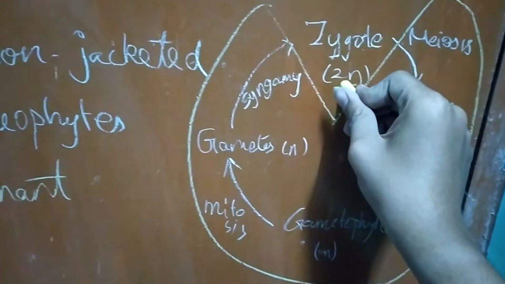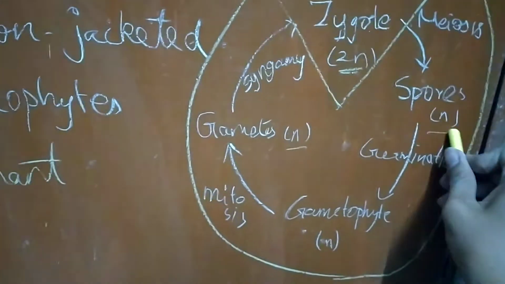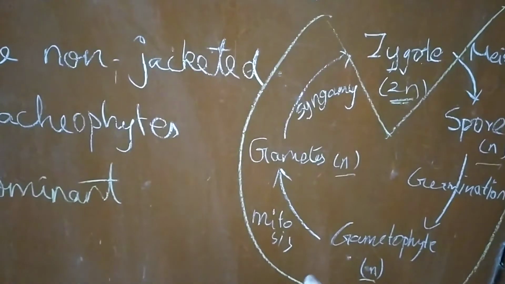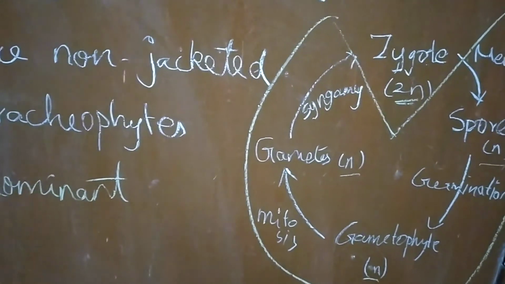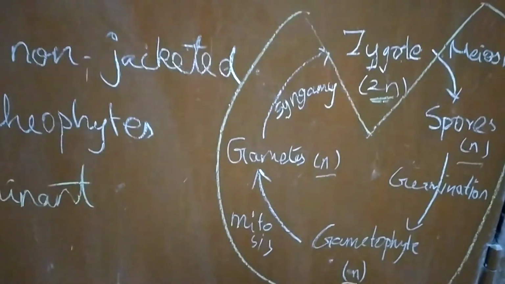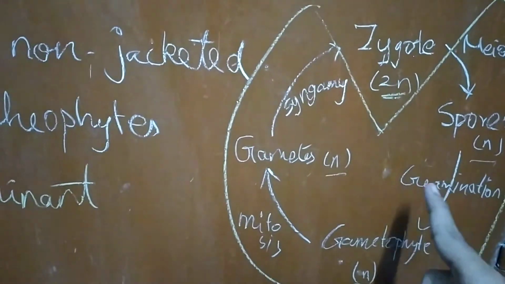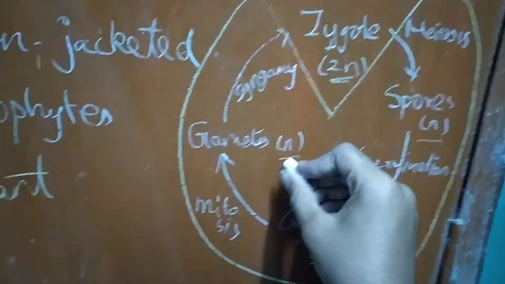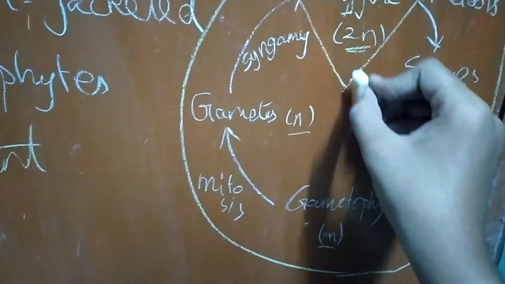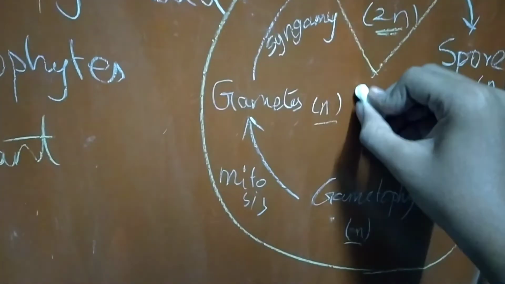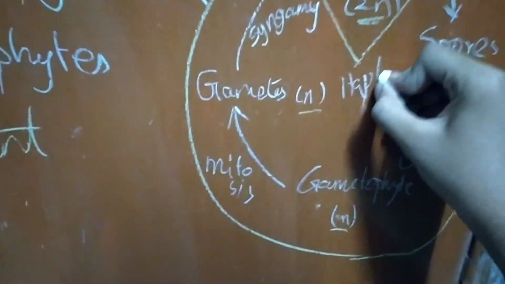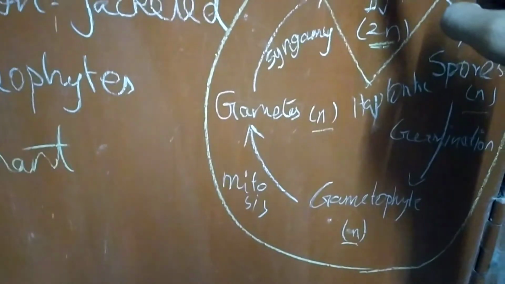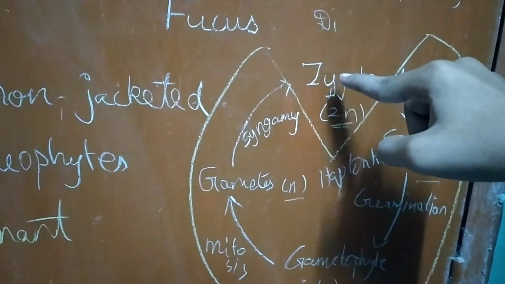Yes, this alone is 2n, this is n, this is n, and this is also n. So if you want to see which is dominant, whether haplontic or diplontic, of course you are going to go to the option that this life cycle shows haplontic life cycle, because there are more n compared to 2n. So these are haplontic, and this is going to be diplontic. Only this region is diplontic.